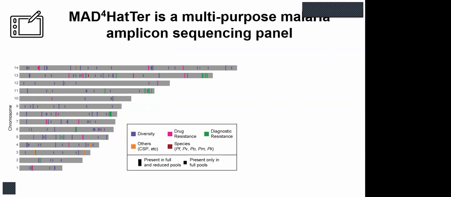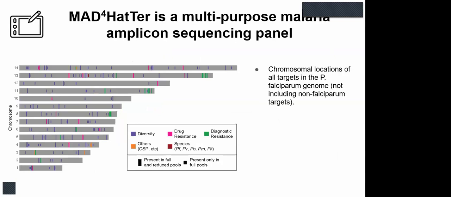So looking at the 14 chromosomes, the chromosomal locations of all targets in the Plasmodium falciparum genome are the ones you are seeing there. The purple is for diversity, pink is for drug resistance, green is for diagnostic resistance, the red is for other species, and the orange is for the CSP, which is for vaccine.